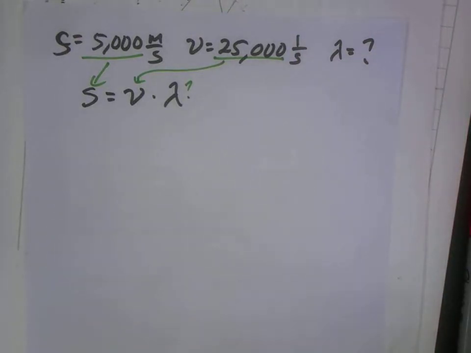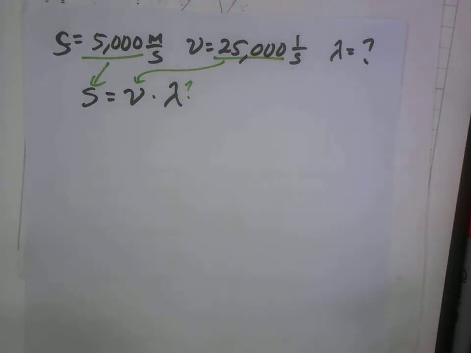Okay. Now, last time we went ahead and plugged in the numbers and then solved for it, right? This time I would do something different because the numbers are starting to get a little bit bigger. Okay? And later on we're going to have scientific notation numbers, which get a little more unwieldy. So what I'm going to do is this. I'm going to move the letters first, then plug in the numbers. Okay? So let's do this.